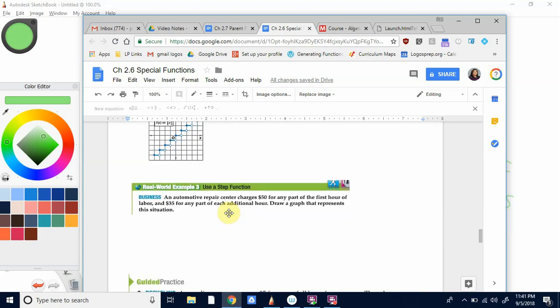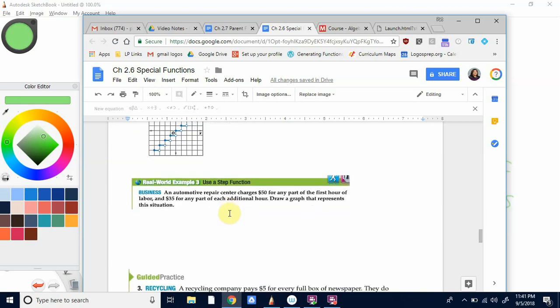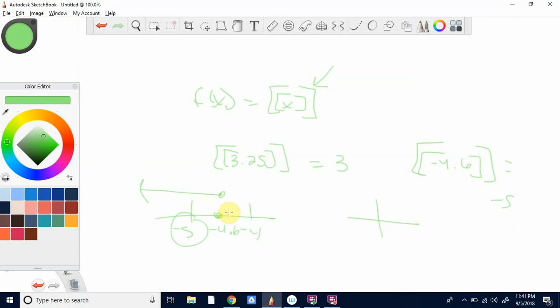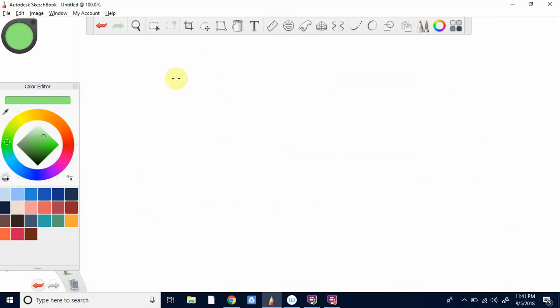All right, so let's look at the first real world example using this information. It says an automotive repair center charges $50 for any part of the first hour of labor and $35 for any part of each additional hour. So the first thing we need to do is draw a table that represents this. So we say x and f of x.